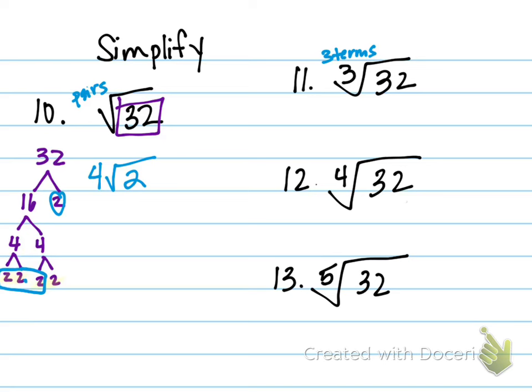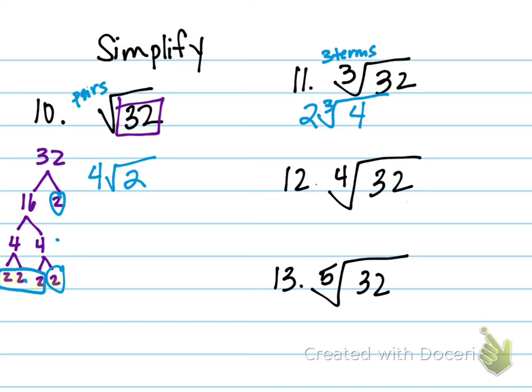I only have one group of 3. So I pull out a group of 2. It's kind of confusing to say. So I pull the 2 out, and then I leave both of these 2s on the inside. I multiply those together. So it would be 2 cube root of 4, because these 2s are on the inside.